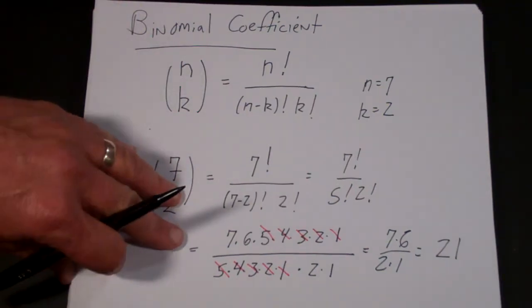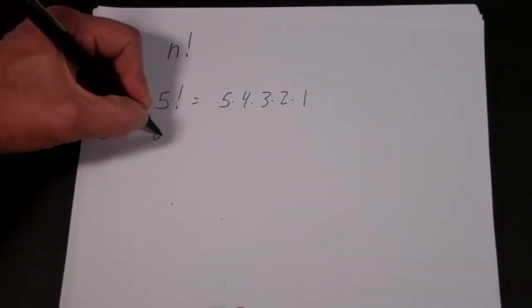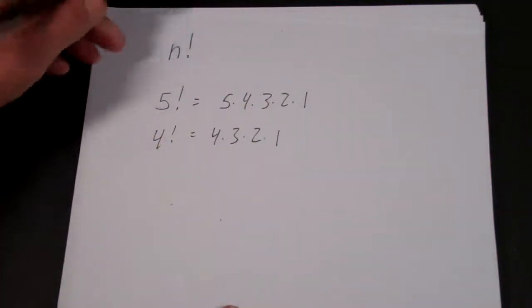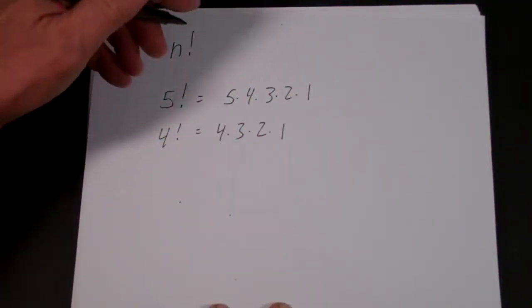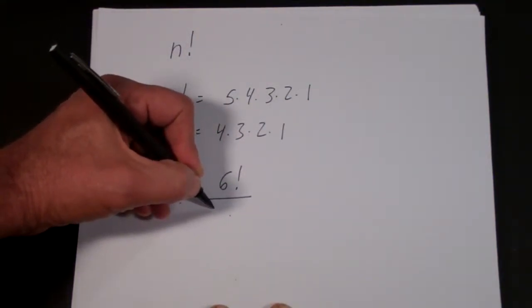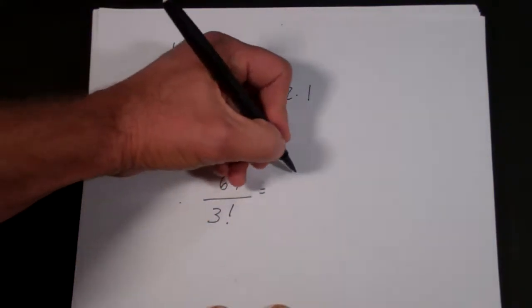So let's just review something really quick. If we talk about n factorial, the easiest way to see that is by example. 5 factorial is simply 5 times 4 times 3 times 2 times 1. And 4 factorial is 4 times 3 times 2 times 1. And as an example, if you have 6 factorial over 3 factorial, you can always cancel them out to some extent.